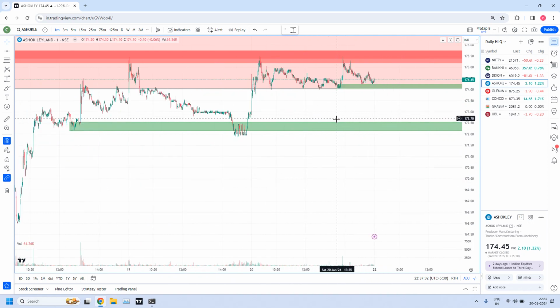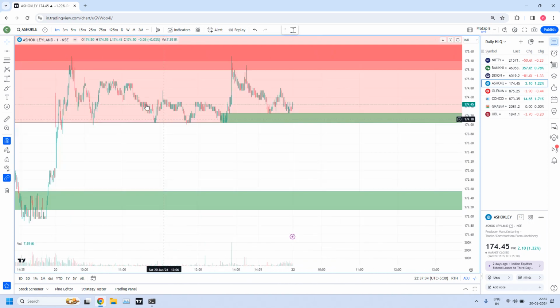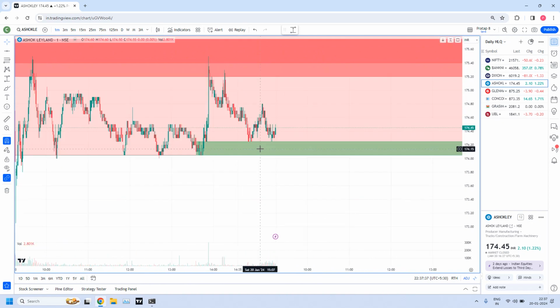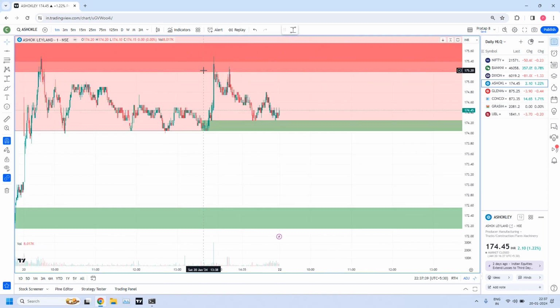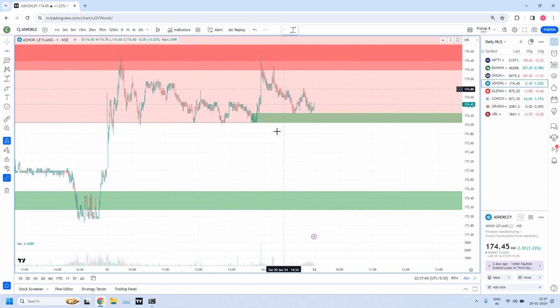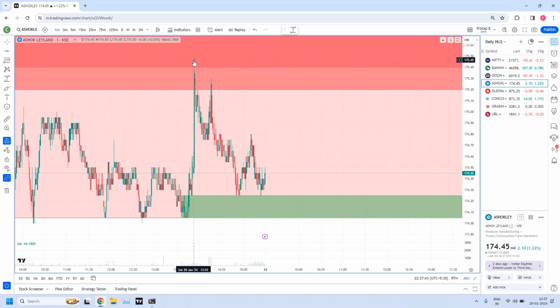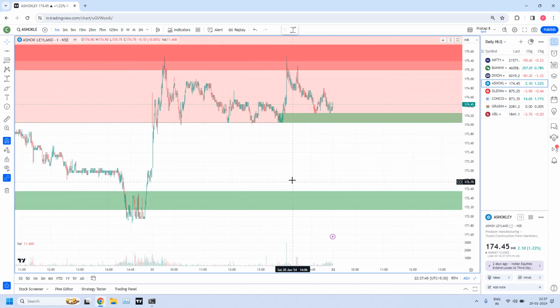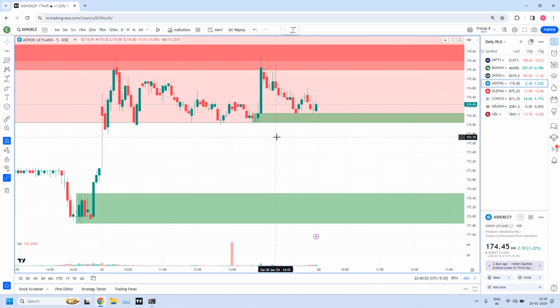So instead of a 5 minutes entry, we can see yesterday also prices entered into this area, because this is a high liquidity zone which supports multiple tests. Even today also it provided a successful trade. Ashok Leyland has given a profit of 5,750 rupees, which is a 3.1% ROI.